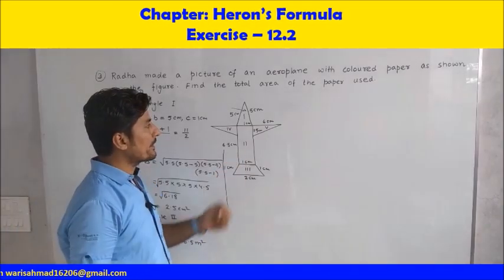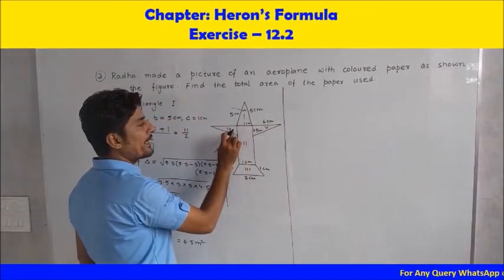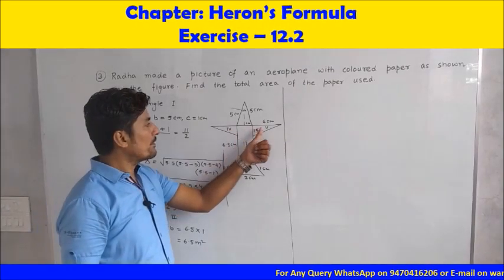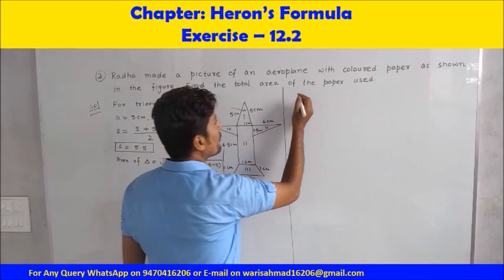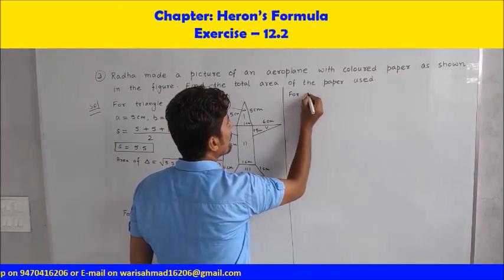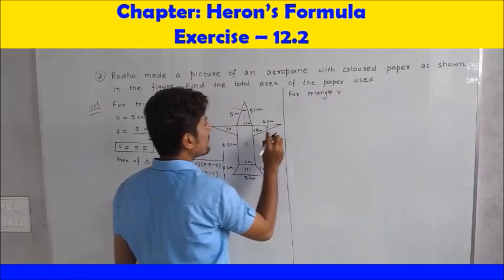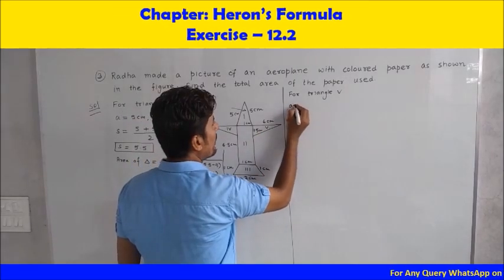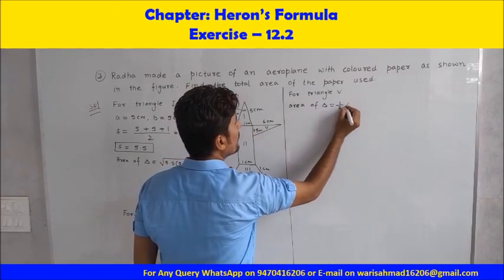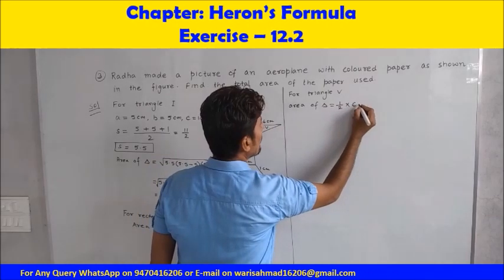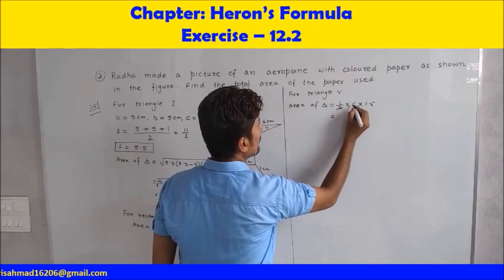After finding the area of this rectangle, now we will find the area of the fourth triangle and the fifth triangle. The area of both the triangles will be the same because both are identical triangles. So for triangle 5, we can write area of triangle equals 1 upon 2 into base, we can take 6 centimeter, while height we can take 1.5 centimeter.